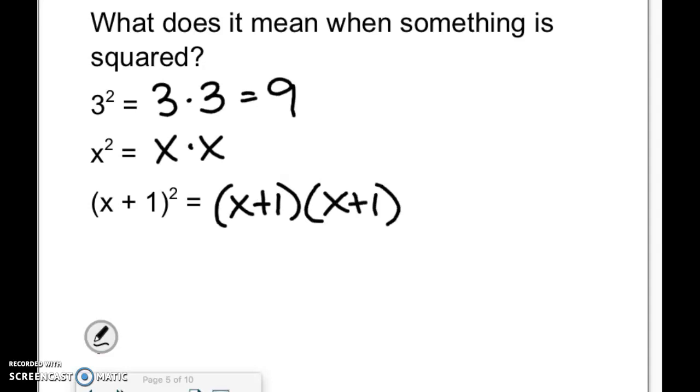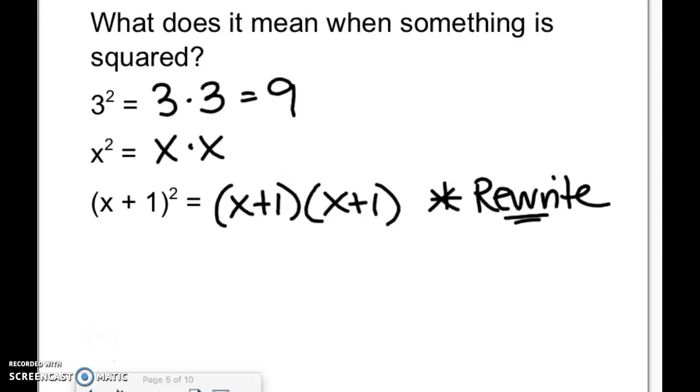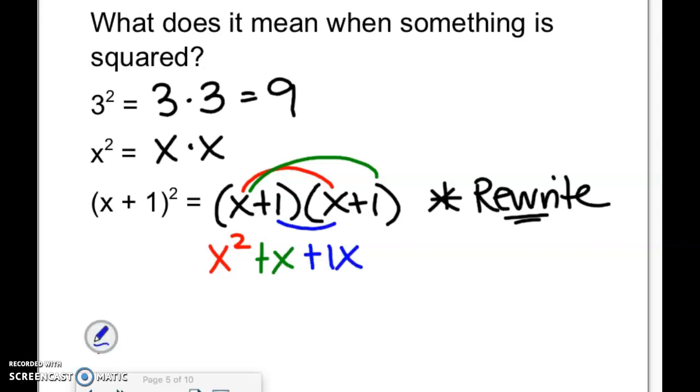This is your key concept for today: if you see a binomial squared, you're going to rewrite it first. That way, you're not going to miss out on any terms. You can go through and do your first, your outside, your inside, and your last.